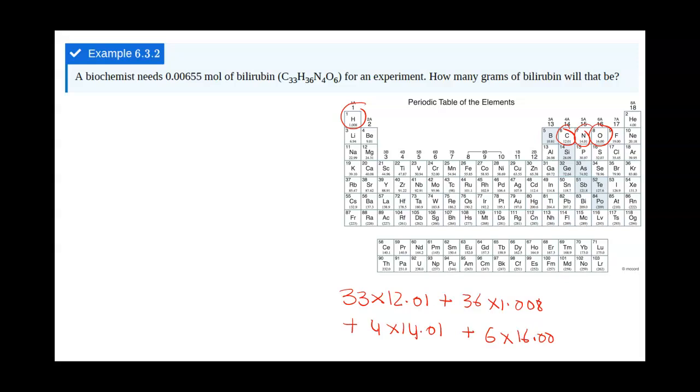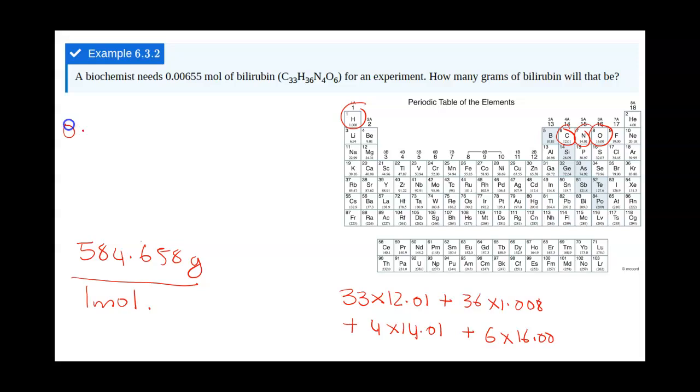When I add all of that together, 33 times 12.01 plus 36 times 1.008 plus 4 times 14.01 plus 6 times 16, what I learn is that there are 584.658 grams of bilirubin for every 1 mole. So this is going to become my conversion factor.